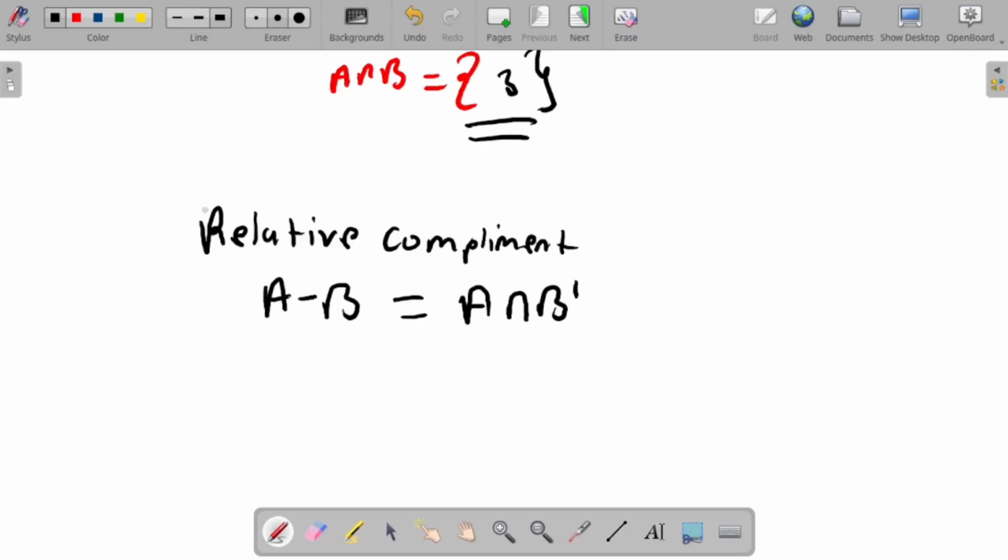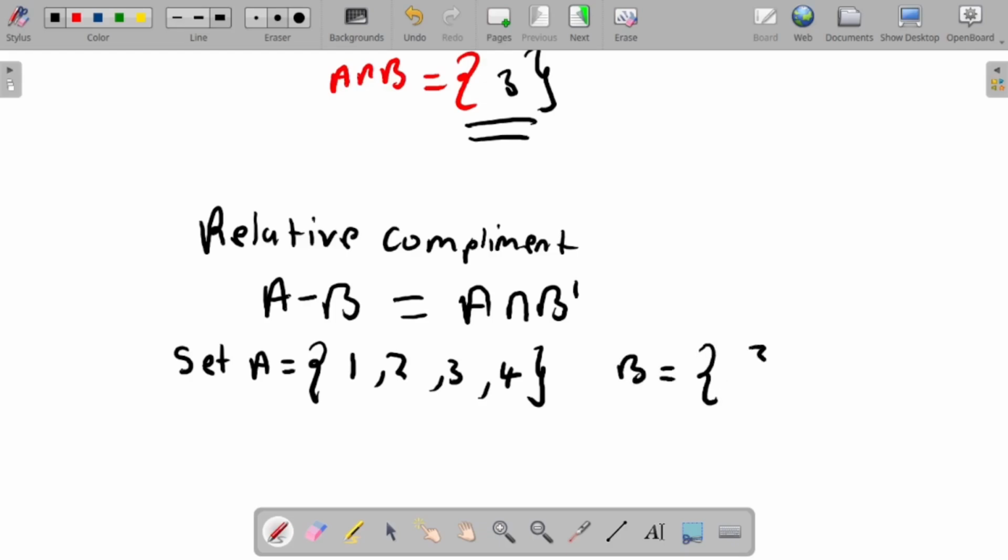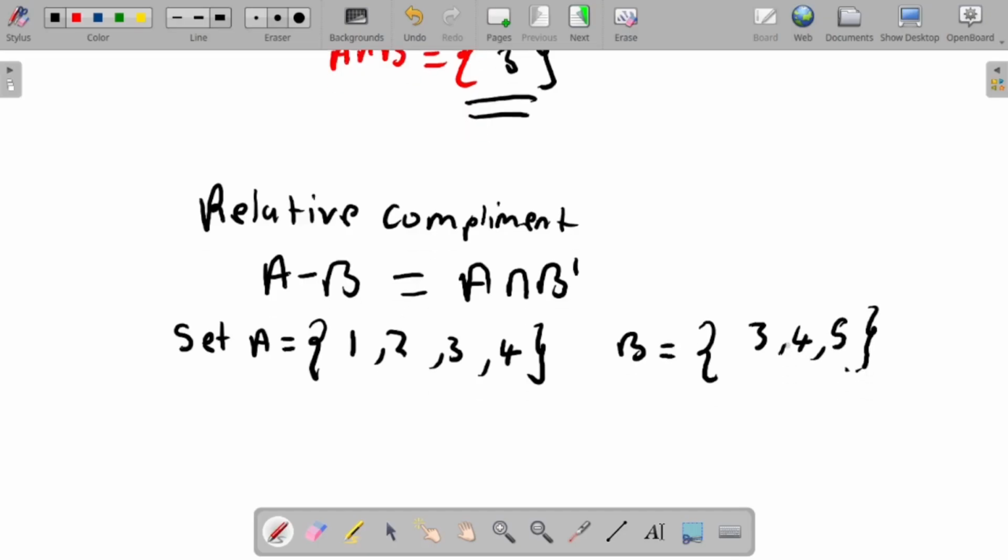So if I have set A to be equal to 1, 2, 3, and 4, then set B to be 3, 4, and 5. What do we expect?